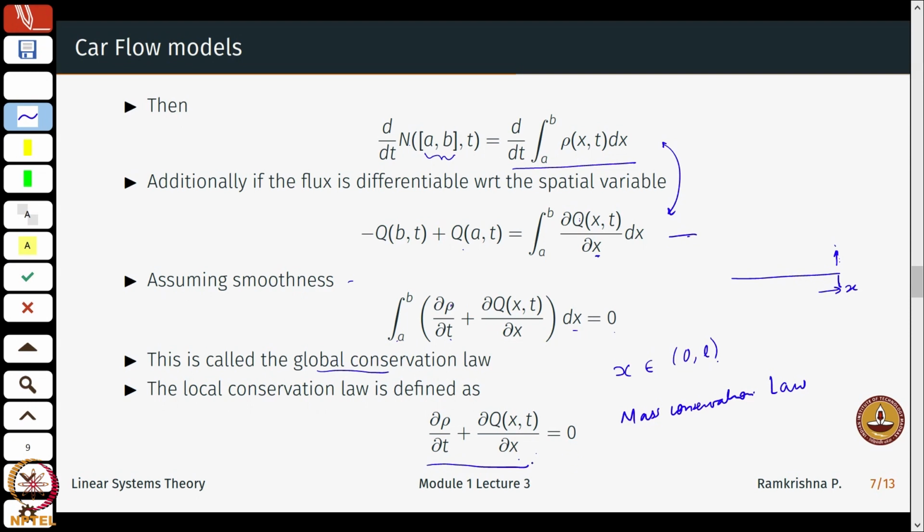Okay. So, even though physics or fluid dynamics is completed by another conservation law, also called the momentum conservation. Okay. Again, we will not go into the details of these things.